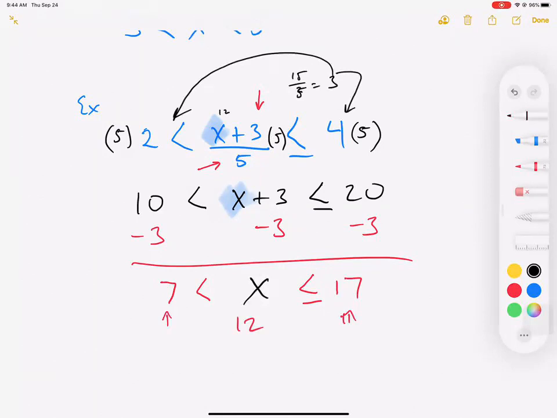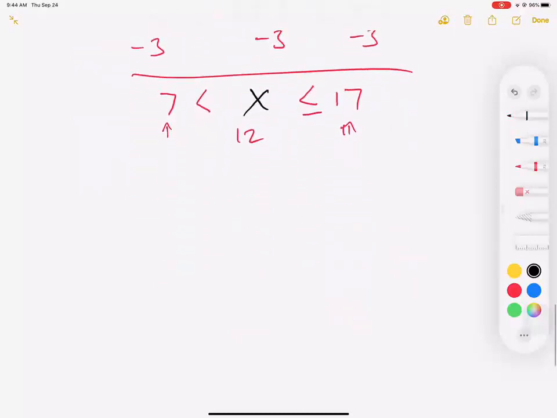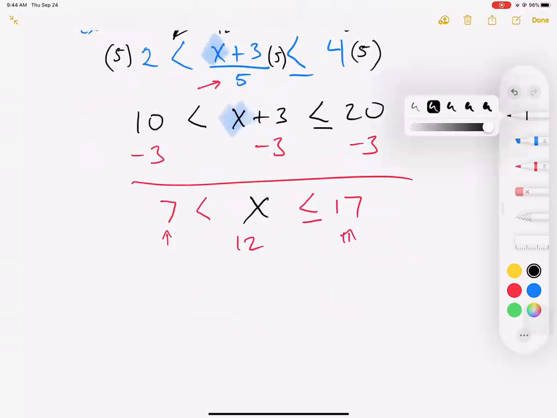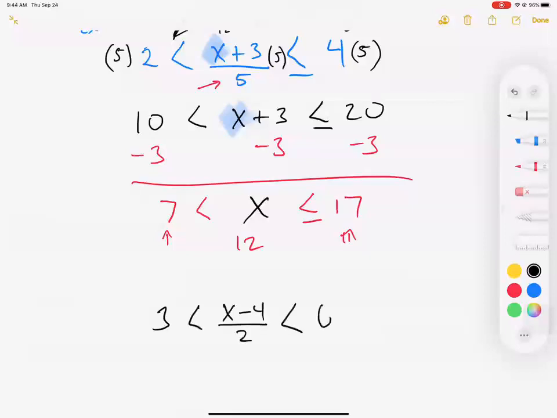Okay, I want to do one more of these problems that look a little funky. Alrighty, I'll give you some time to copy it. We'll say 3 is less than x minus 4 over 2, less than 6.